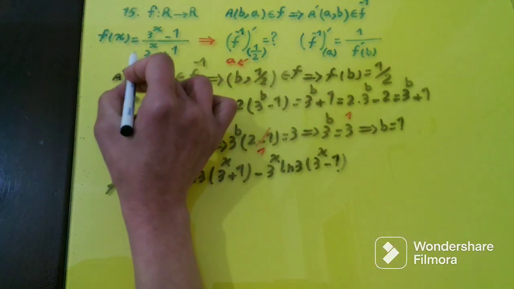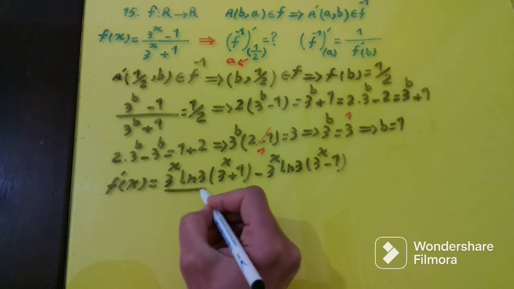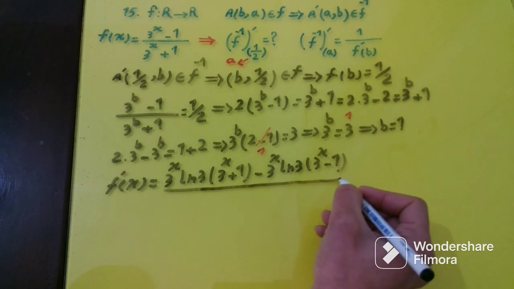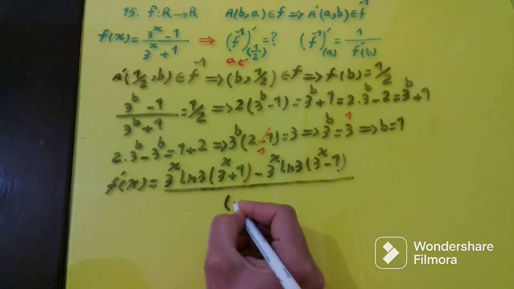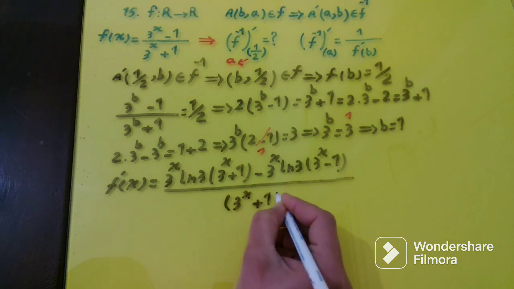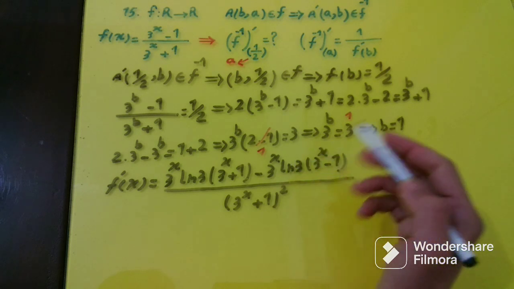Now for the denominator, this term to the 2. We can simplify the numerator by factoring.